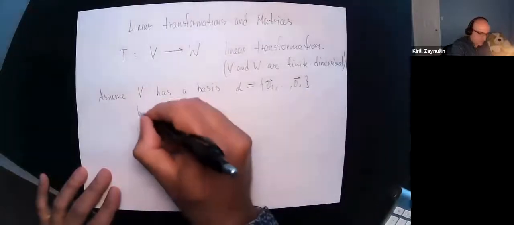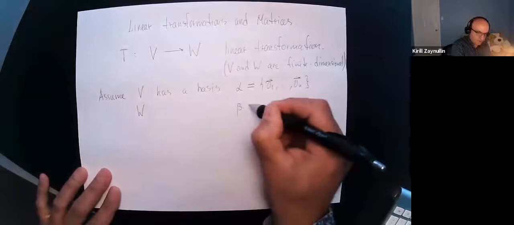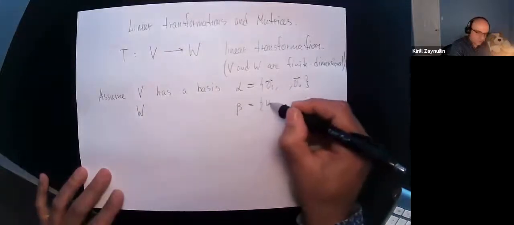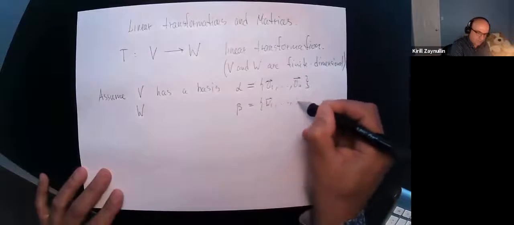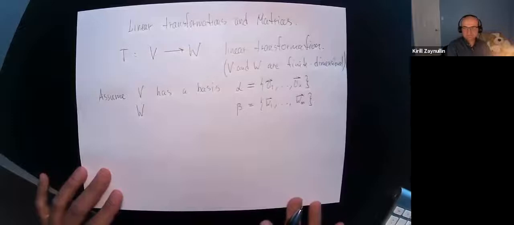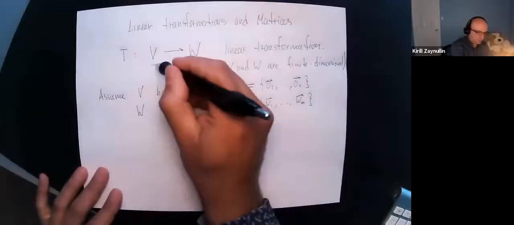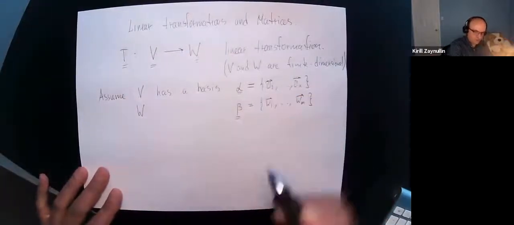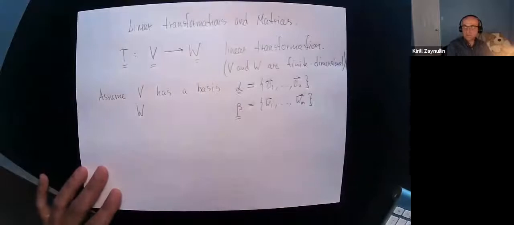And say W has a basis beta, which consists of vectors w1 to wm. So again, given two vector spaces and a linear transformation, we need to choose two bases, one for V and another one for W.